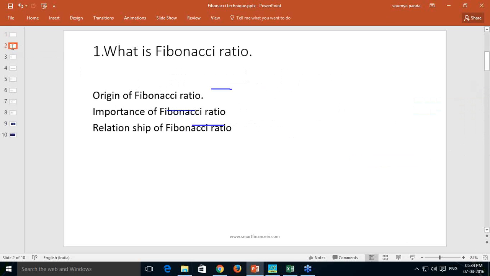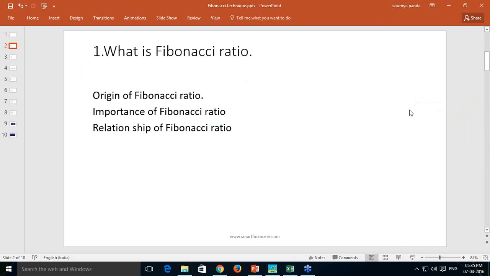So Fibonacci ratio, whenever we are talking about it, the origin of these Fibonacci numbers is very important to know. Many of you, if you have gone through a web search, would have found out that Leonardo Fibonacci is the person who invented this number sequence of Fibonacci.